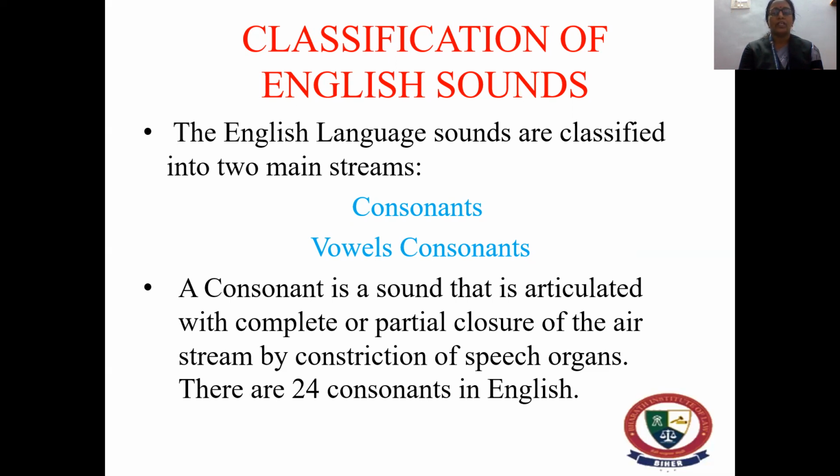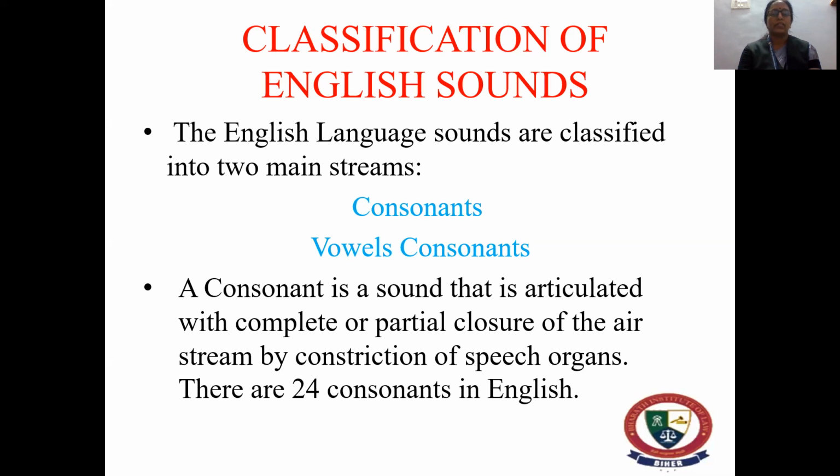The alphabets have been divided into two categories. English speech sounds are classified into two main streams: consonants and vowels. You might have been told that A, E, I, O, U are vowels, and apart from these letters, all the other letters are consonants.